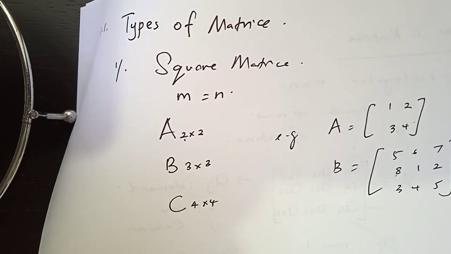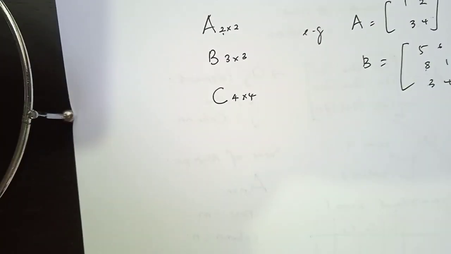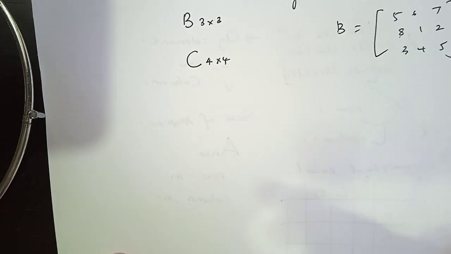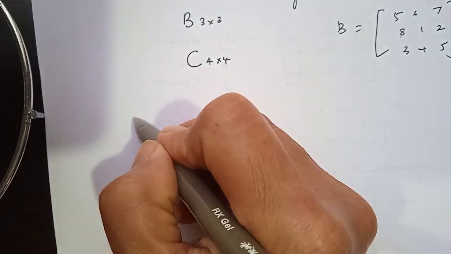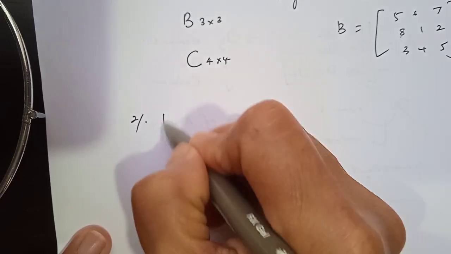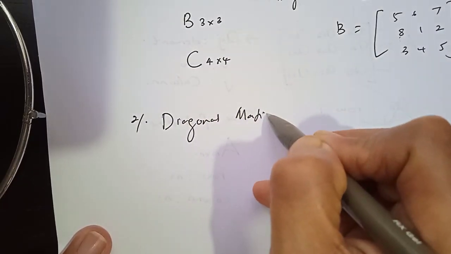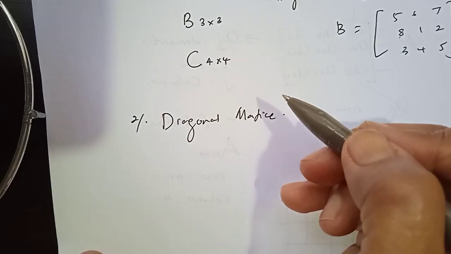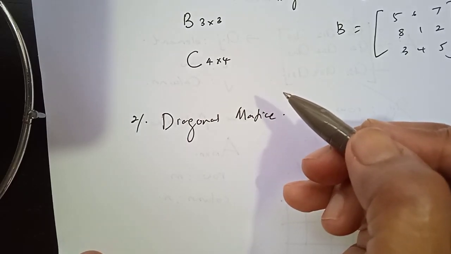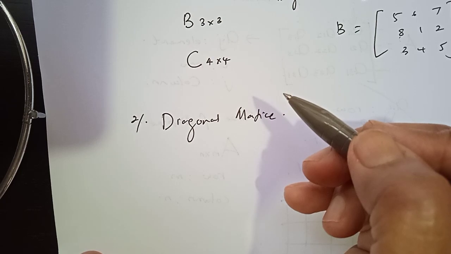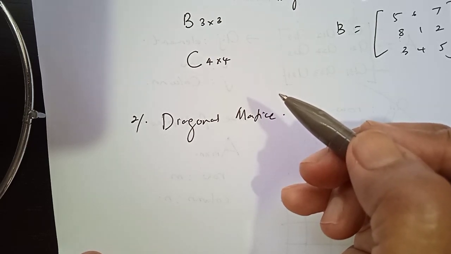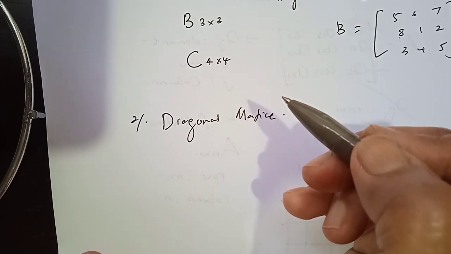Next is diagonal matrix. A diagonal matrix is a matrix with real numbers on the main diagonal and 0 elsewhere.